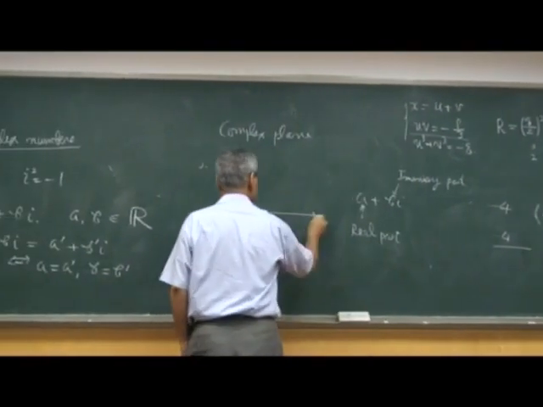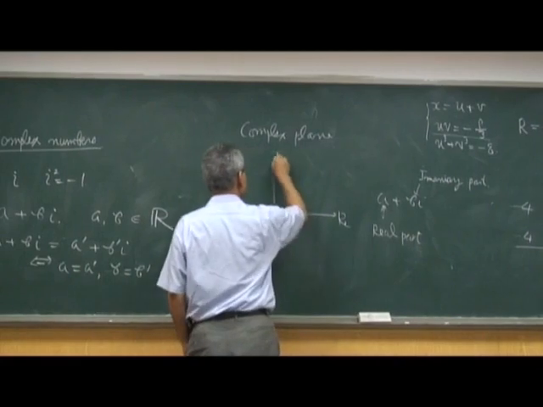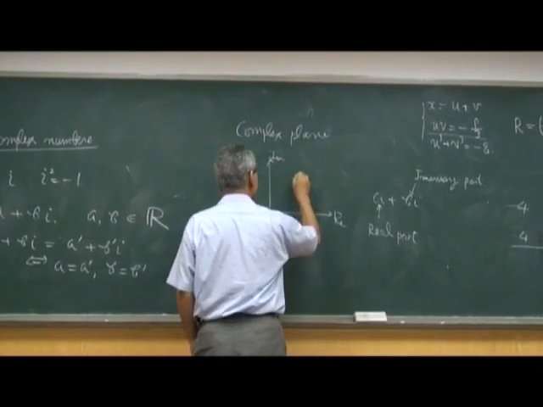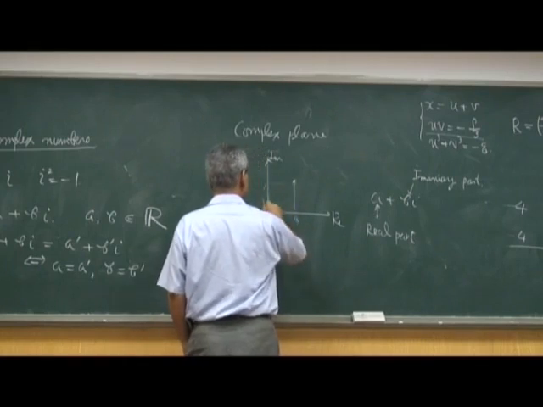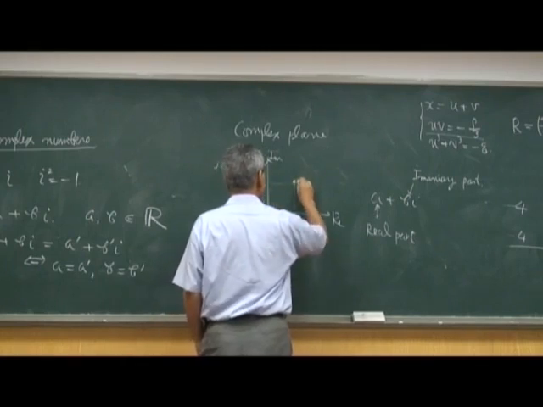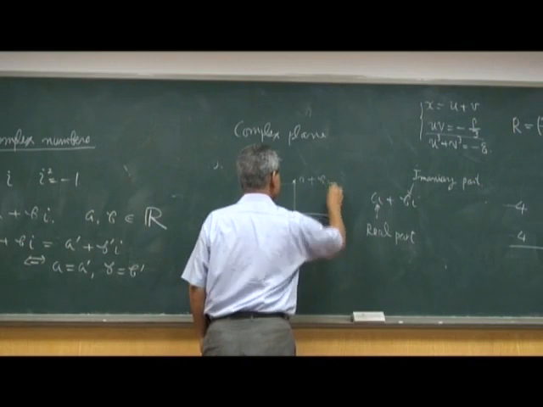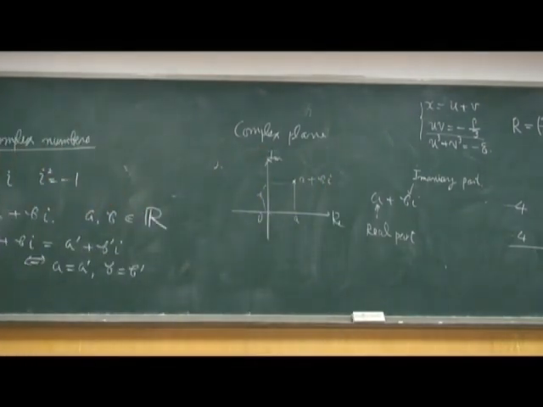And then this is the real axis, the imaginary axis, just like here. Coordinate a, and here the coordinate b, and just express it as a point on the plane.